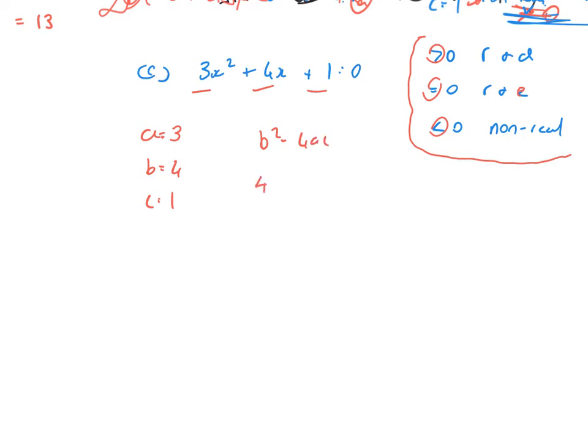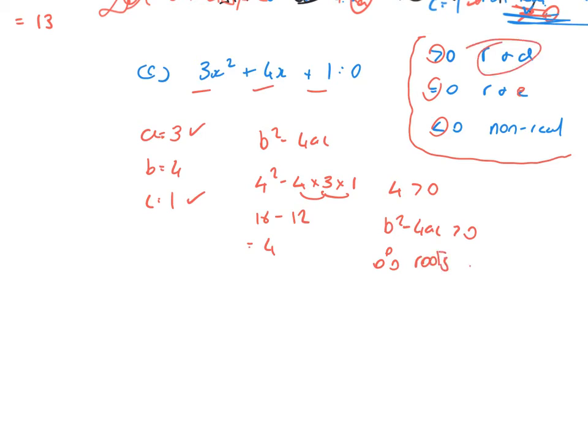B squared, so that's 4 squared minus 4 times A, which is 3, times C, which is 1. 4 squared is 16, minus 4 times 3 is 12, 12 times 1 is 12, 16 take away 12 is 4. So what's 4? Well, 4 is greater than 0, which means the discriminant, that's what we've just found, is greater than 0, which means what? Therefore, roots are real and distinct.